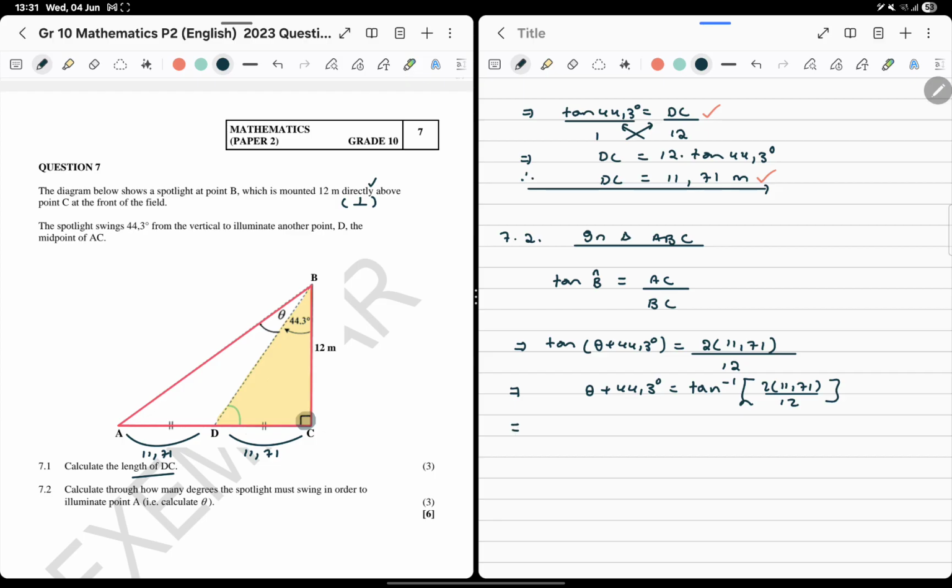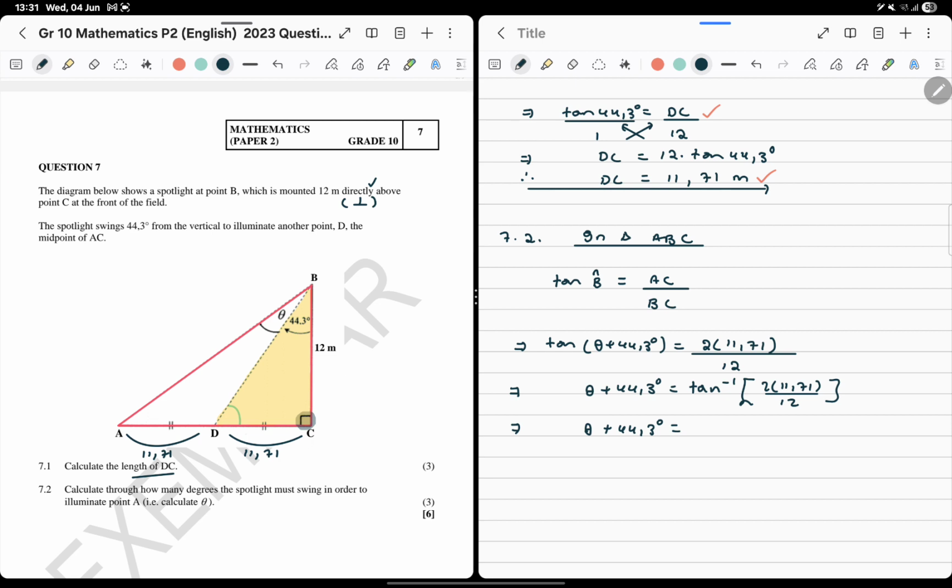Okay, so this implies that theta plus 44.3 degrees is equal to, this one we can round off already. We can keep 3 decimal digits here to avoid inaccuracy.